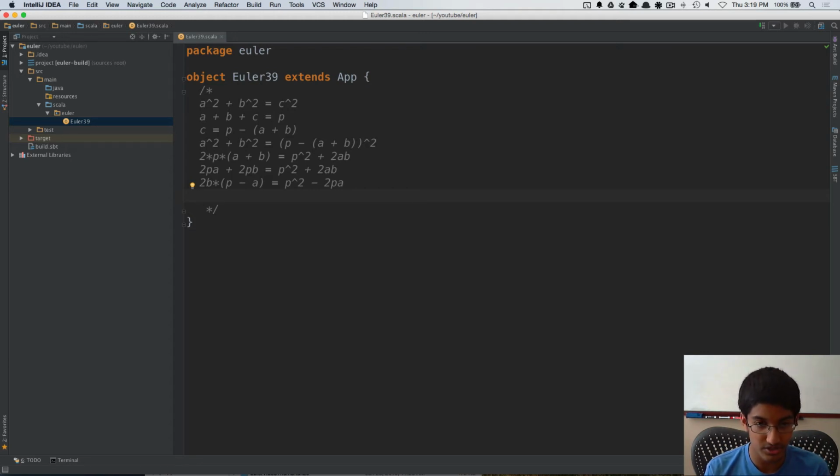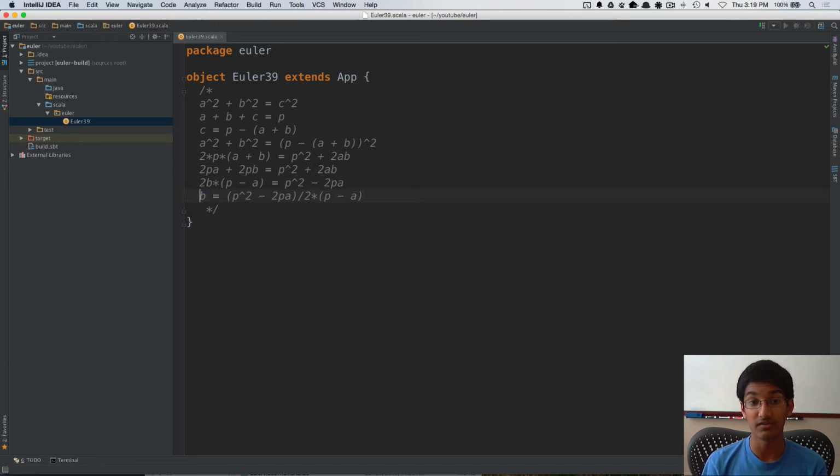So I'm going to take everything other than the b and divide the other side by that. So then I'm left with b is equal to p squared minus 2pa, divided by 2 times (p minus a).